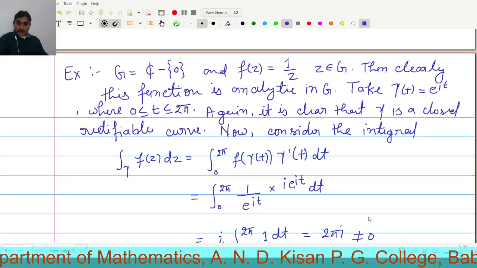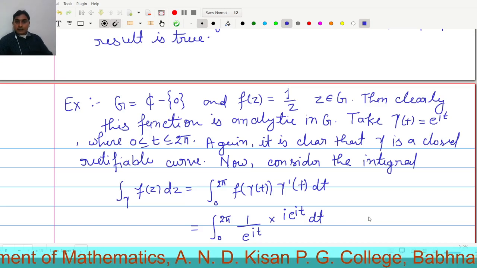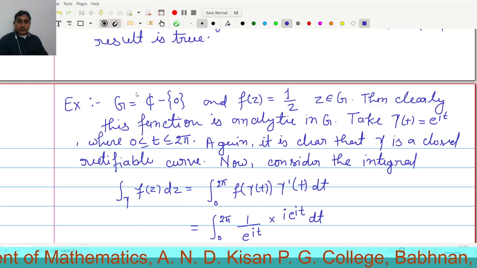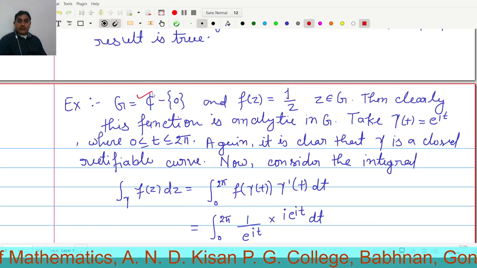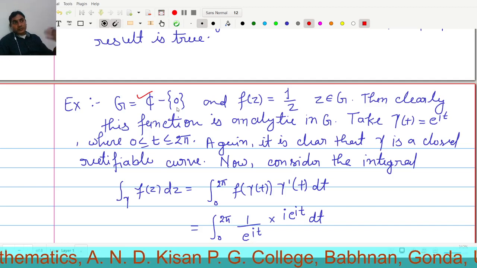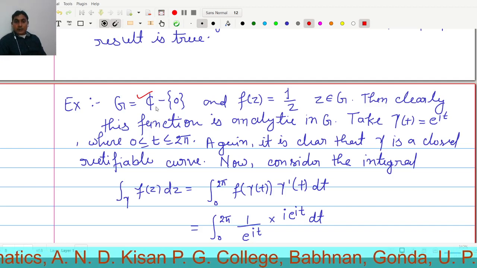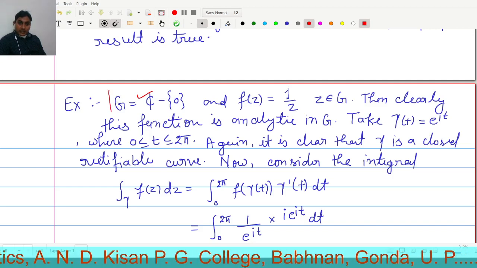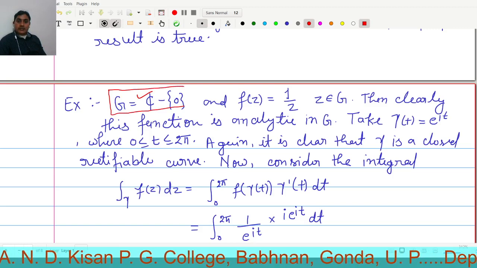It means for this particular region Z, our Cauchy theorem fails, which we have already proved for disks. What is the problem here?